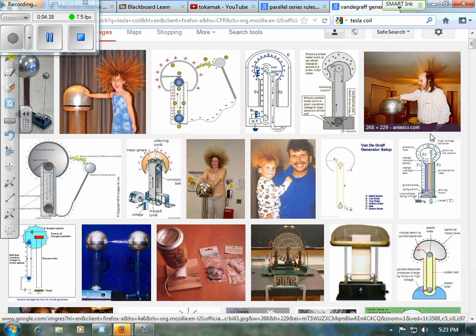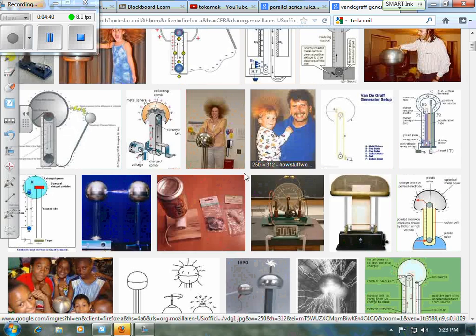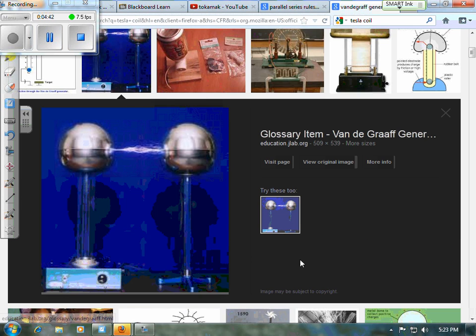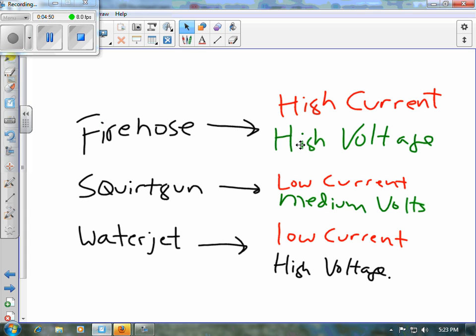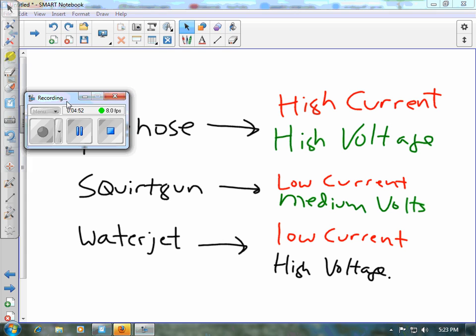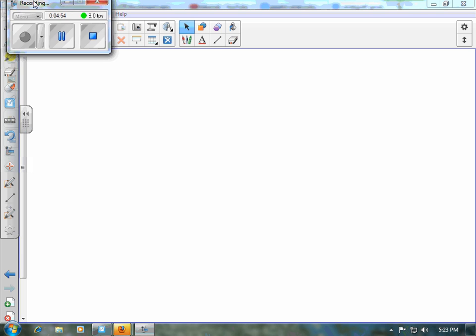It also makes people's hair stand up. It's not as spectacular, but anyway, there's a Van de Graaff machine making a spark. That's a direct current spark. Is it due to friction? Well, not really.